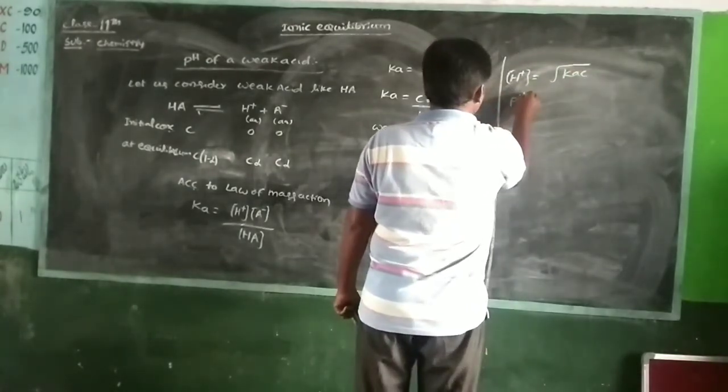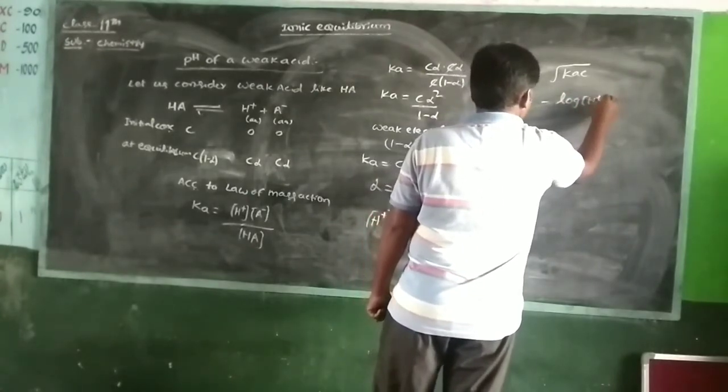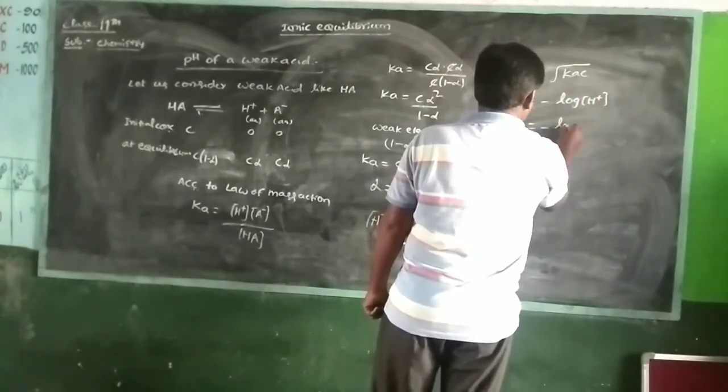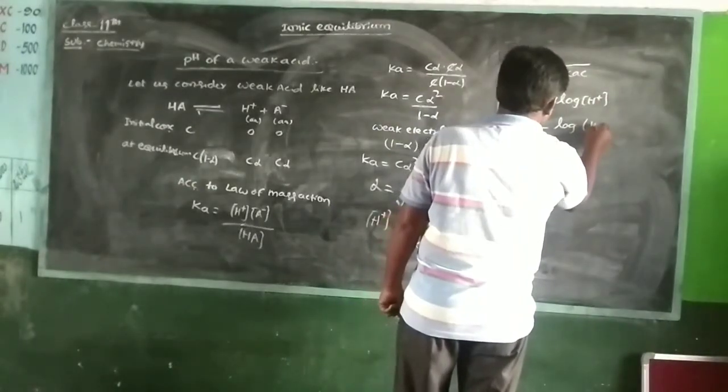Already you know that pH is equal to minus log H plus concentration. That means minus log root KaC.